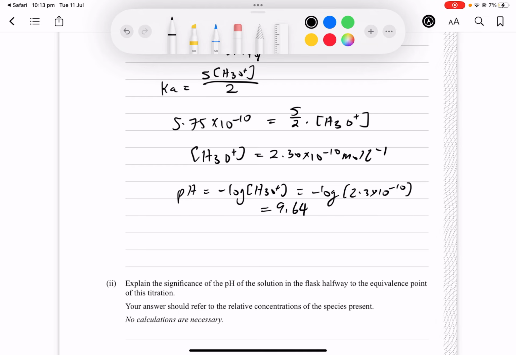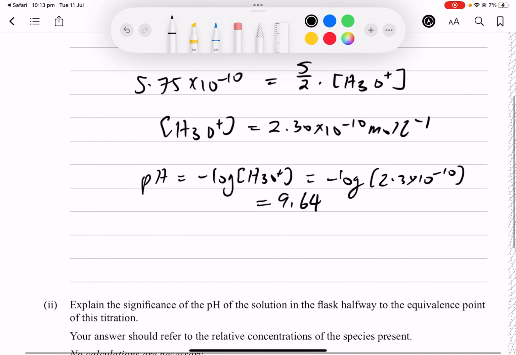So therefore the buffer is more effective at neutralizing added acid rather than base. It's more effective at neutralizing acid because there's more base available to react with that acid when it's added, rather than if base is added, then there's less acid to react with the base. So therefore the buffer is more effective at neutralizing volumes of strong acid.